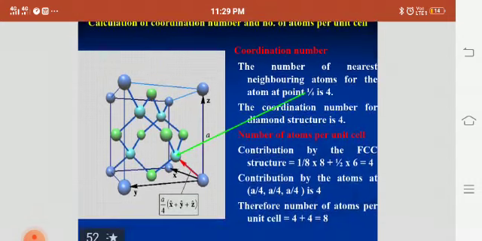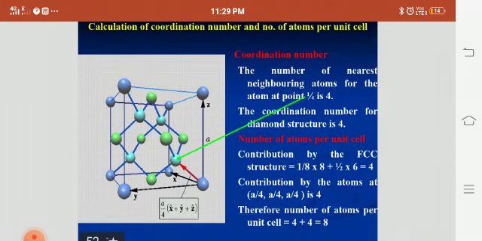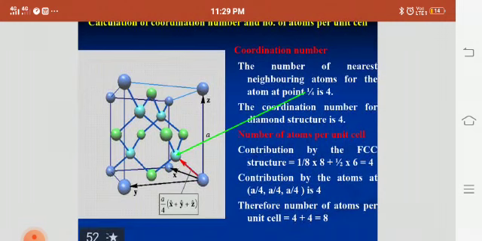Now we can calculate the number of atoms per unit cell. Contribution by the FCC structure is 1 by 8 into 8, that is because of the corner atoms, and 1 by 2 into 6, that is because of the face atoms. So totally there are 4 atoms contributed by the FCC structure.